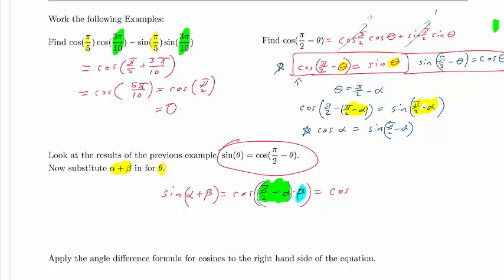So we have cosine of pi over 2 minus alpha times cosine of beta, and since it's angle sum, minus becomes a plus, and so now we have sine of pi over 2 minus alpha and sine of beta.